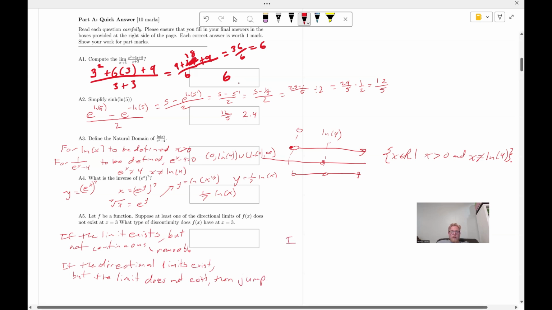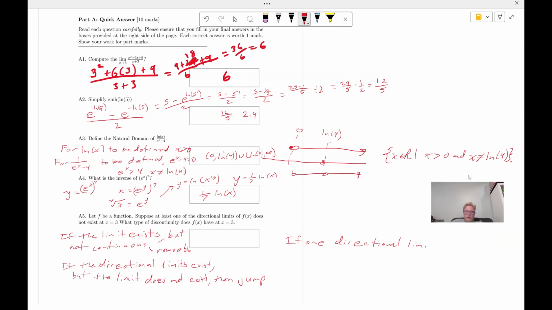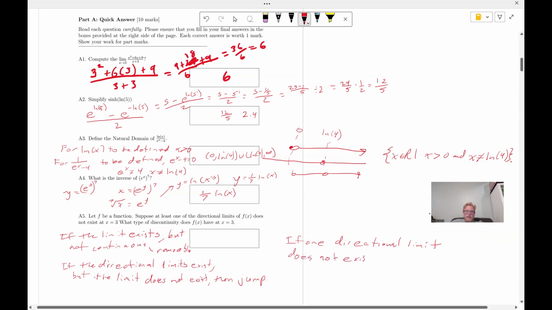If one directional limit does not exist, then essential. So this is an essential discontinuity.